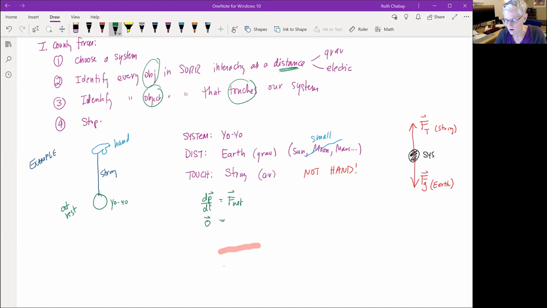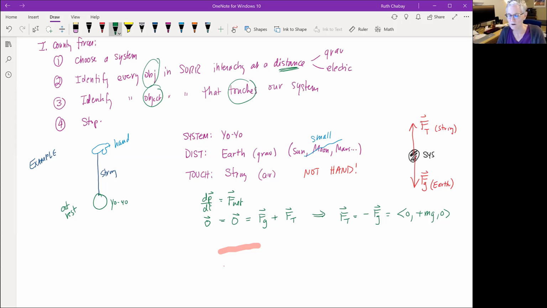So F net is 0. And F net is composed of the sum of the gravitational force plus the tension force. So we deduce that the tension force is equal to minus the gravitational force, which is going to be 0, plus m times g, 0. So that's a simple example of how this worked.